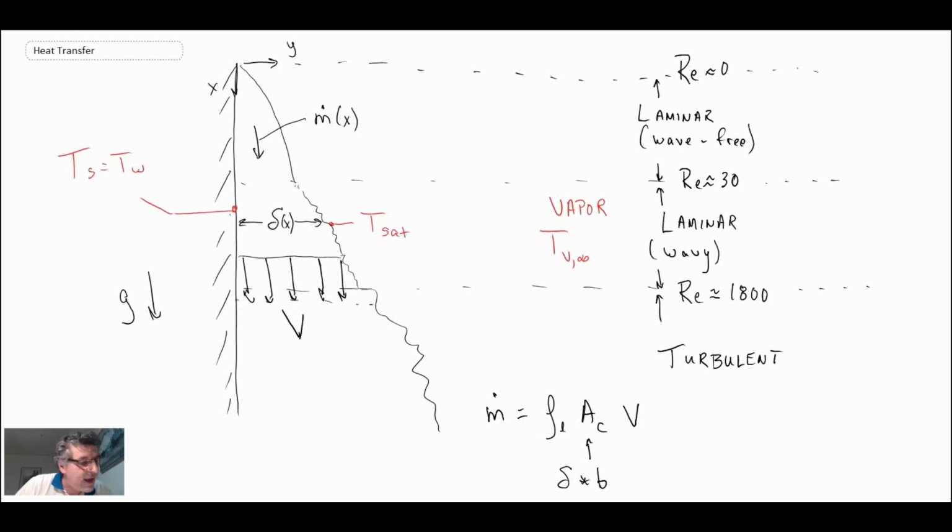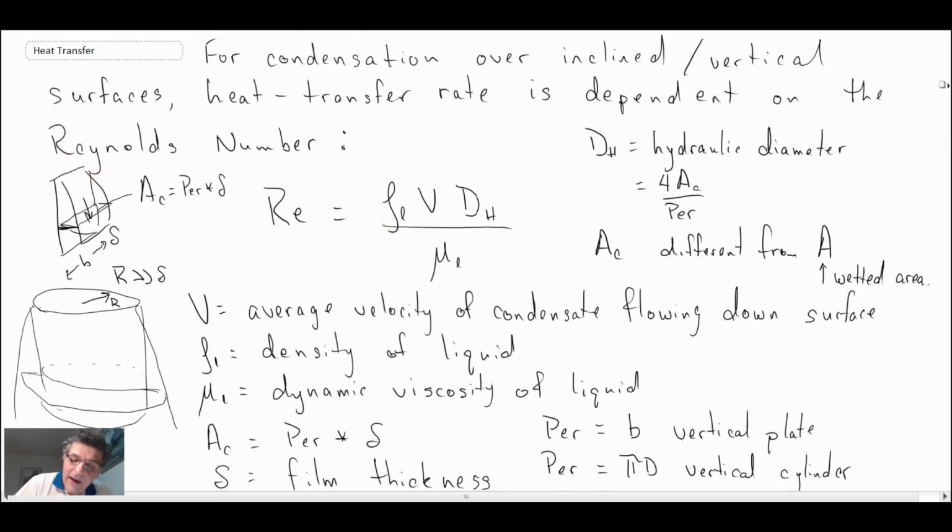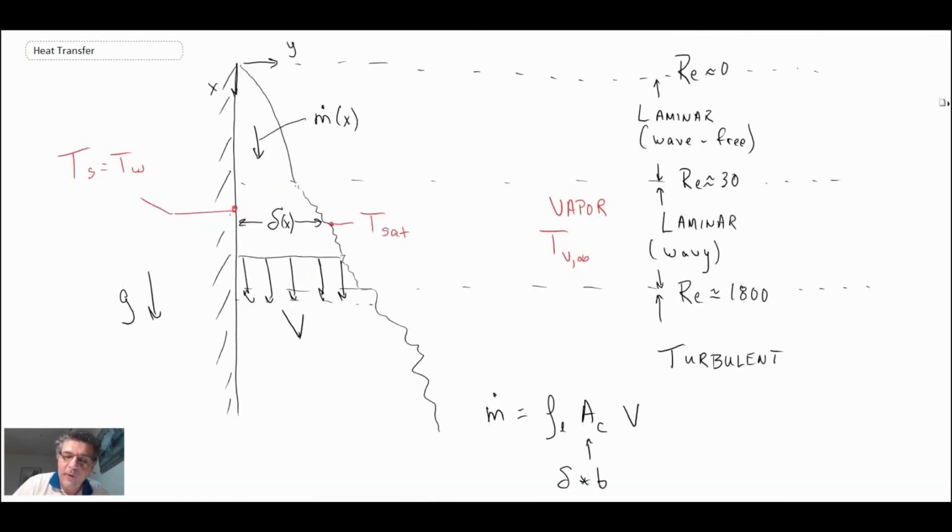We're going to take that mass flow rate and use it in a definition of the Reynolds number, because if you look back, the Reynolds number has some of those components: we have rho and we have V, and the cross-sectional area is embedded within the hydraulic diameter, which we can pull in. So it's going to enable us to recast the Reynolds number in terms of the mass flow rate.